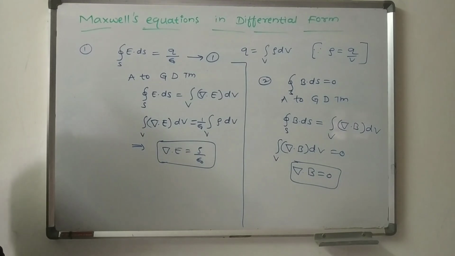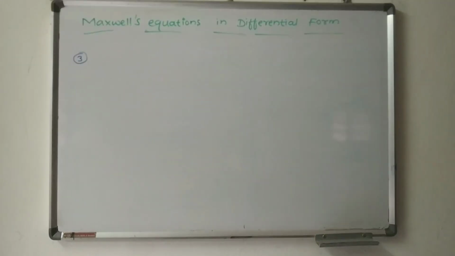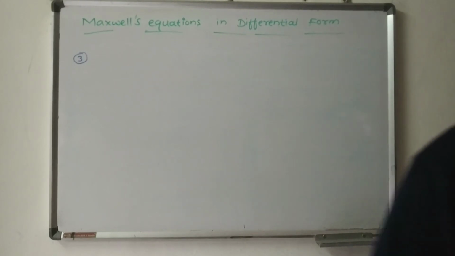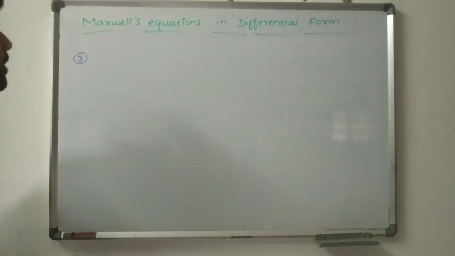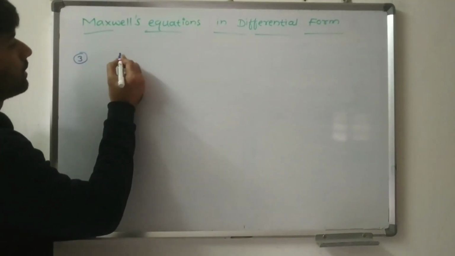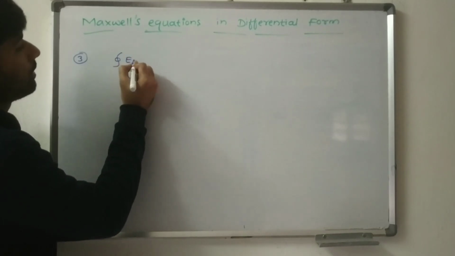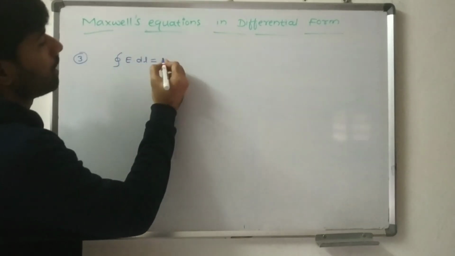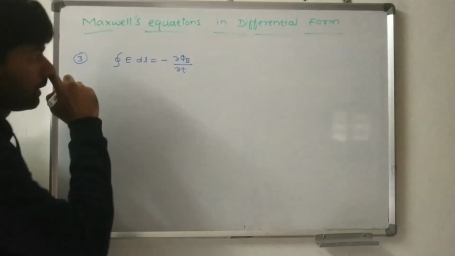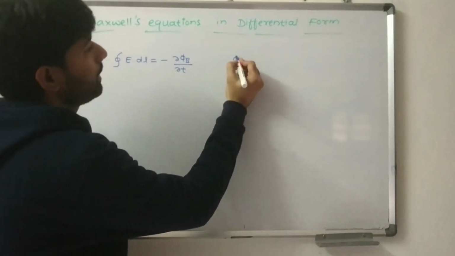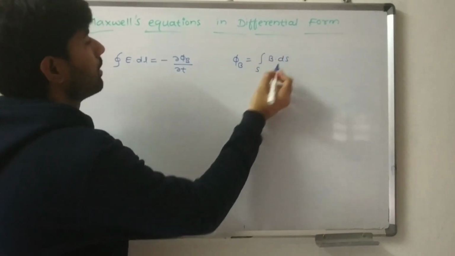So now we will derive the remaining two equations. Let us now derive the third Maxwell equation in terms of differential form. To get that we are going to write the third equation, that is the line integral of E dot dl is equals to minus dou phi b upon dou t. Here we can write the phi b as surface integral B dot ds.